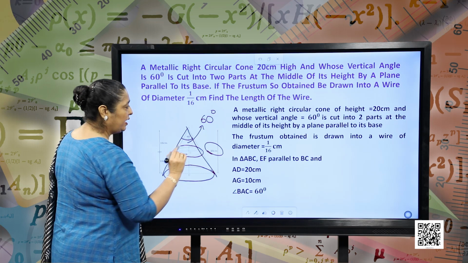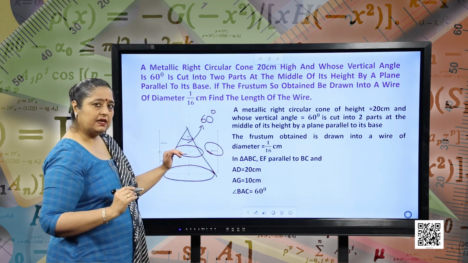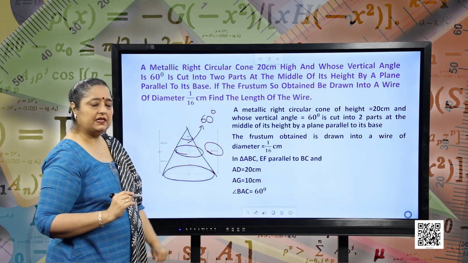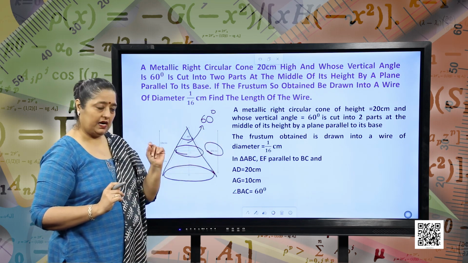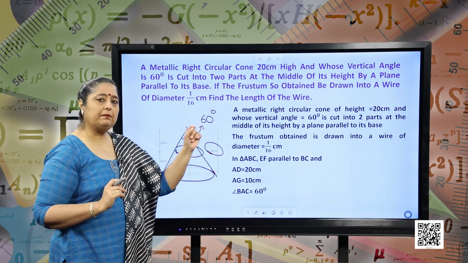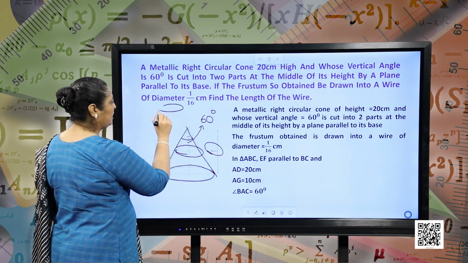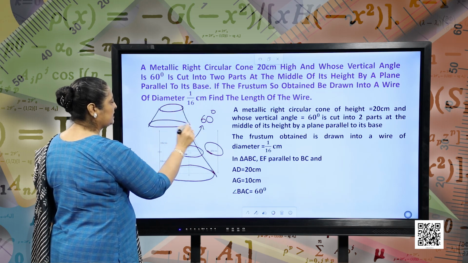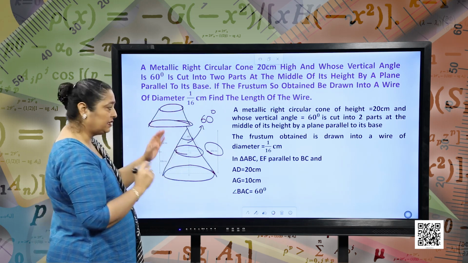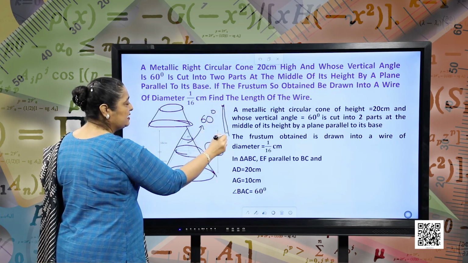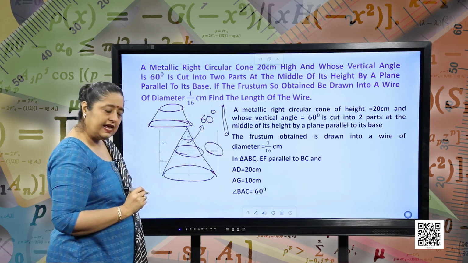It is cut out here and this is parallel to the base, right. The frustum so obtained is converted into a wire of diameter 1 by 16 centimeter. This is the frustum formed here. This frustum is converted into a wire. What is a wire? Wire is in the shape of a cylinder.